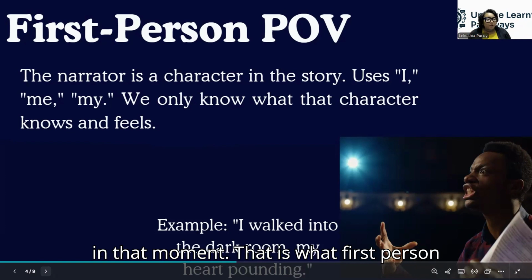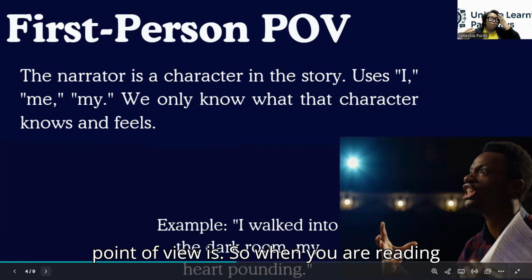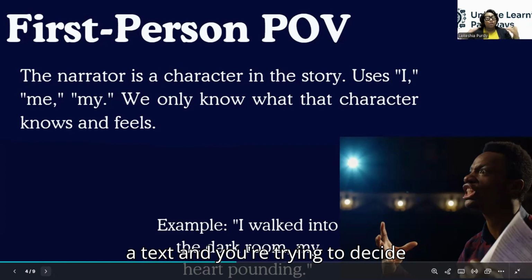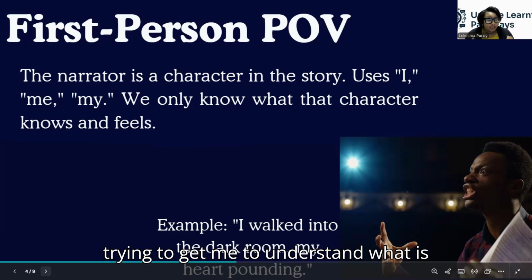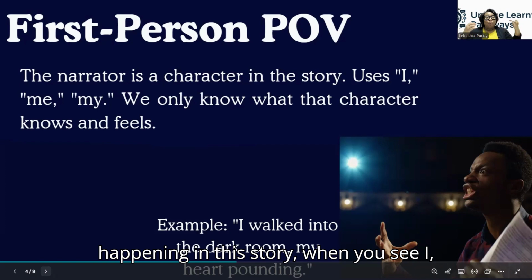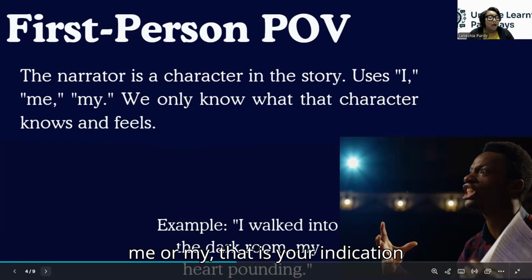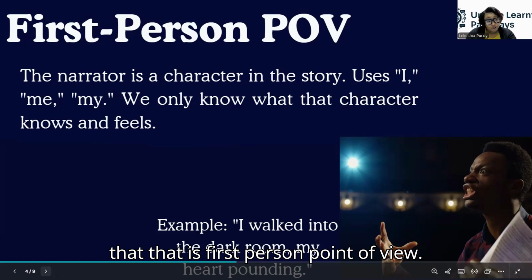That is what first person point of view is. So when you are reading a text and trying to decide who is talking, who is trying to get me to understand what is happening in this story, when you see I, me, or my, that is your indication that it is first person point of view.